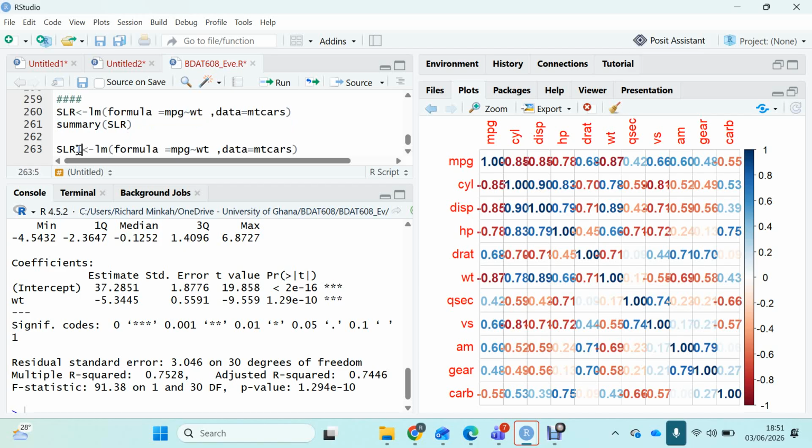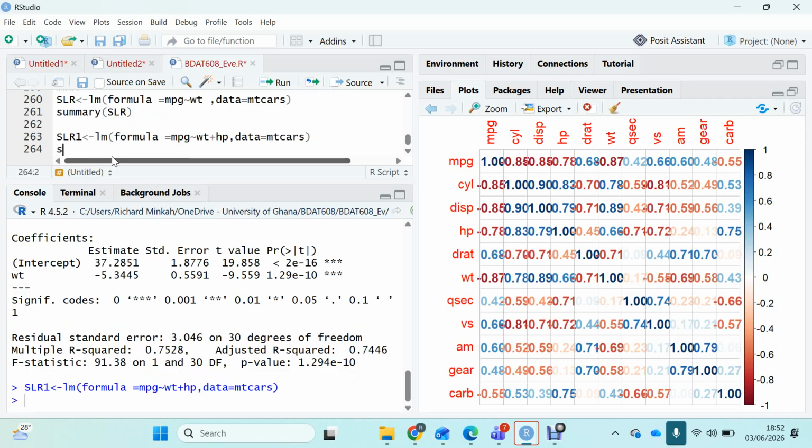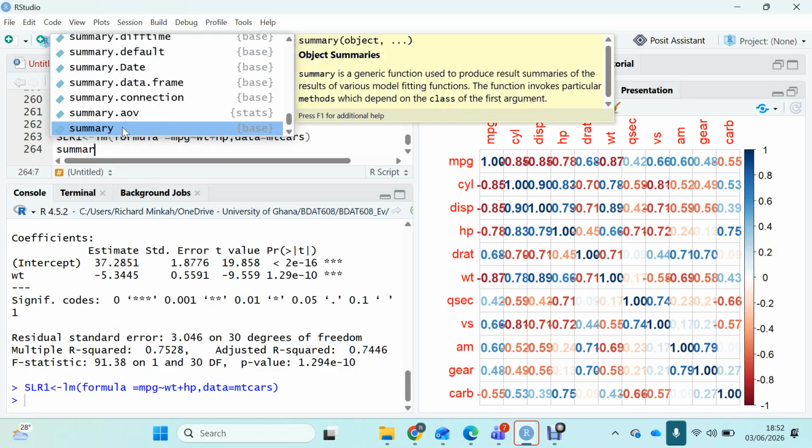That's why I said, for the bigger model, you realize that we were not getting any significant results. And the reason is that some of them are highly correlated. If you look at the correlation here, look at, for example, the correlation between cylinder and displacement. Do you see the correlation value? Almost perfect, right?